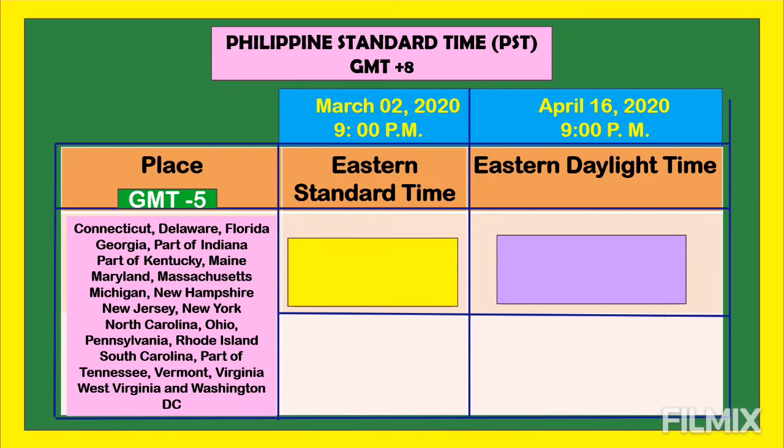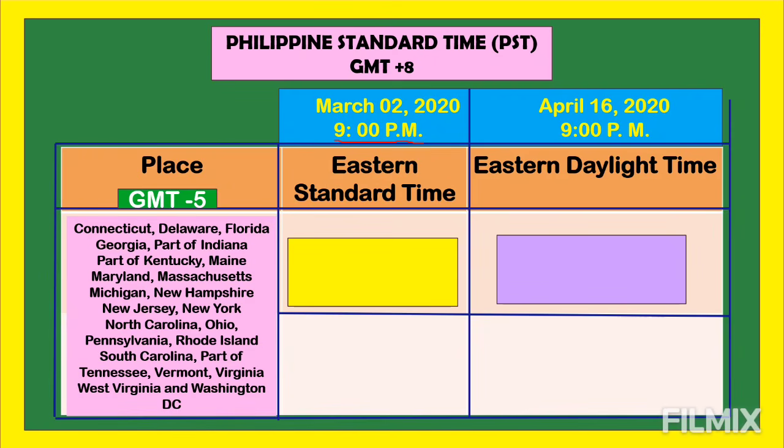So if we're going to get the time difference between the Philippines and their time, the Philippines is 13 hours ahead of them. So to convert Philippine time to their time, for example, in the Philippines it is March 2, 2020, 9 p.m. For me, I'm just using the 12-hour reference.